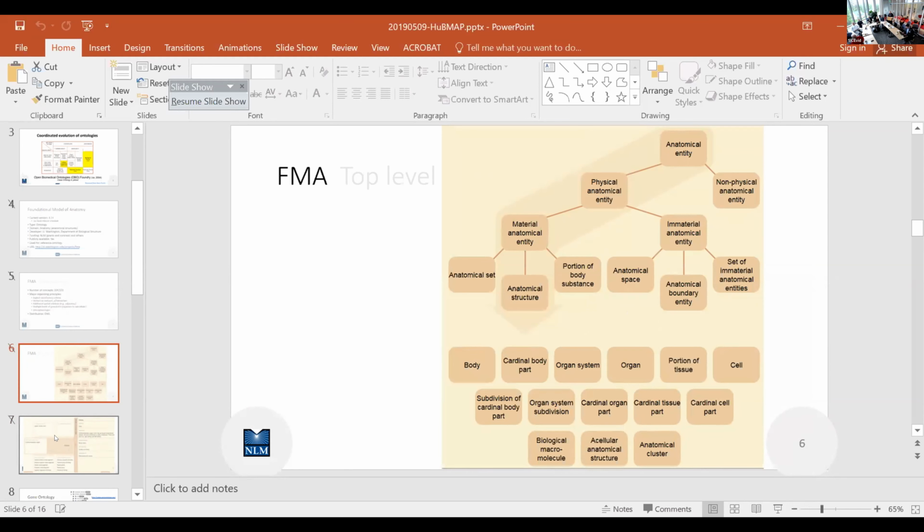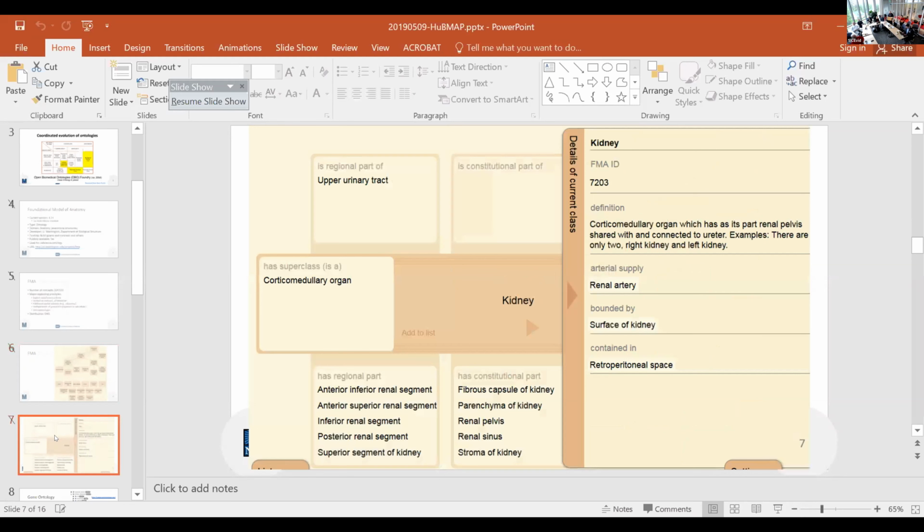And I'm not entirely sure it's still functional, but it's a beautiful browser that helps you navigate following the various types of relations and the various aspects of the concepts. So you're not surprised to find identifiers and text definitions for the various anatomical entities.